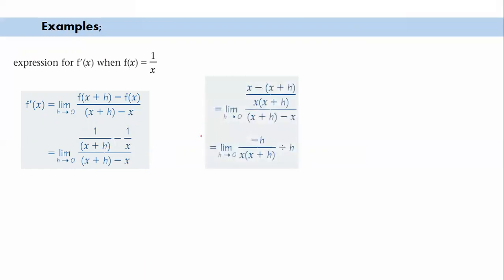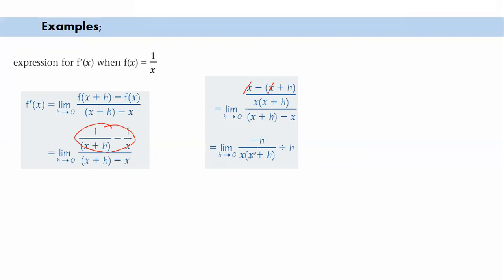We can simplify this expression by taking the common denominator in the upper part. That gives us (x minus (x plus h)) over x times (x plus h), and in the denominator we get the expression (x plus h) minus x. We can simplify this further. Here plus x and minus x cancel out, so you get h in the denominator, and in the numerator x minus x minus h gives minus h.